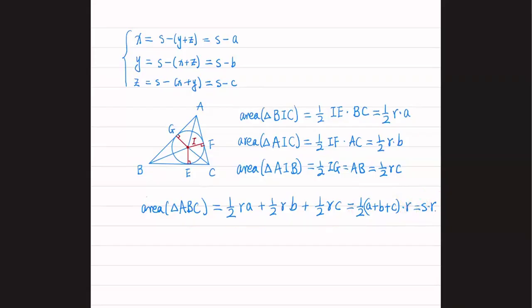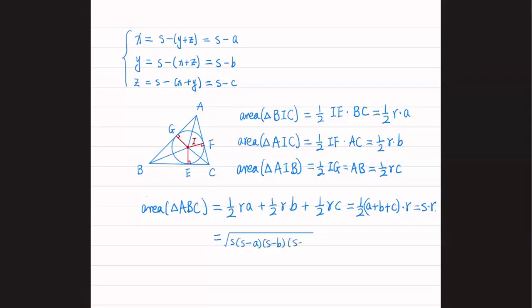Now we recall the formula you mentioned. Okay, Aaron, what's the Heron formula for the area of the triangle? It's root S times S minus A and then S minus B and then S minus C. Wait, no, I meant S minus C, sorry.